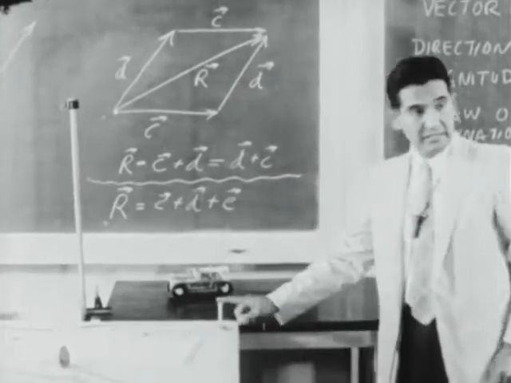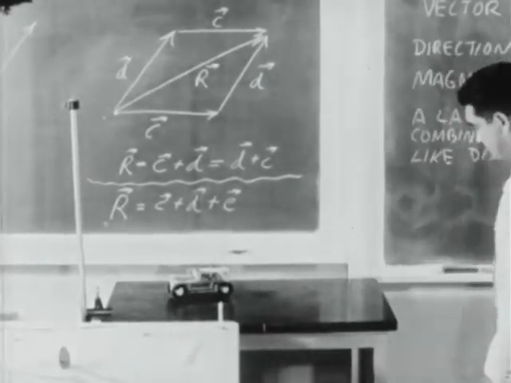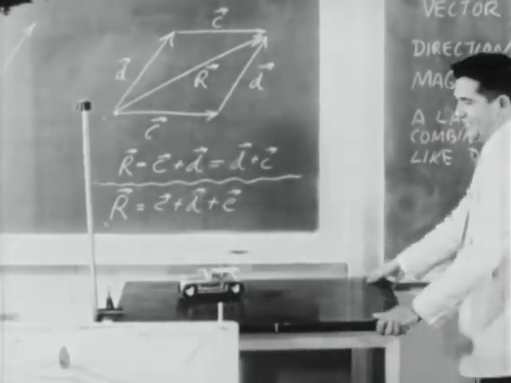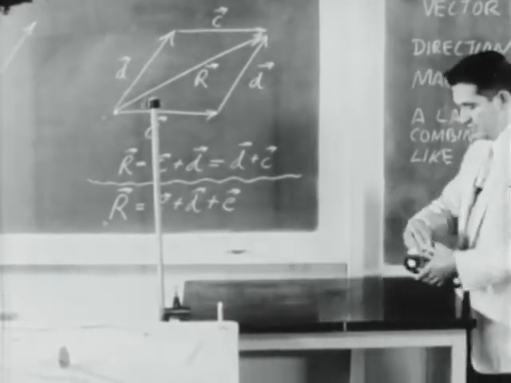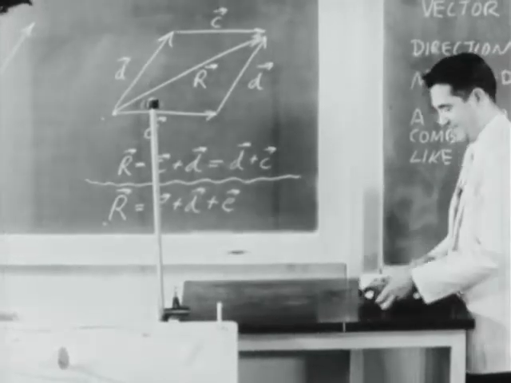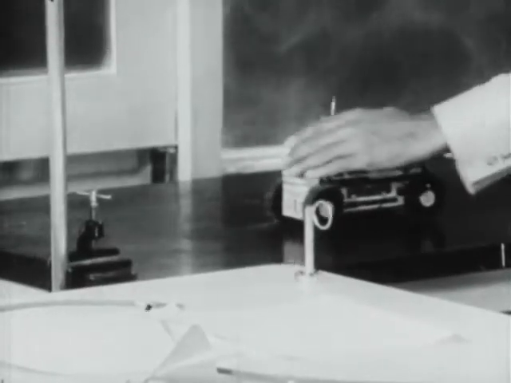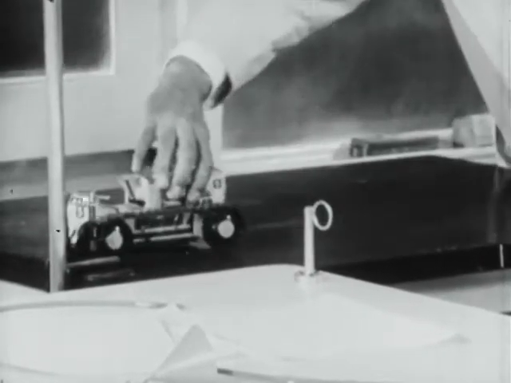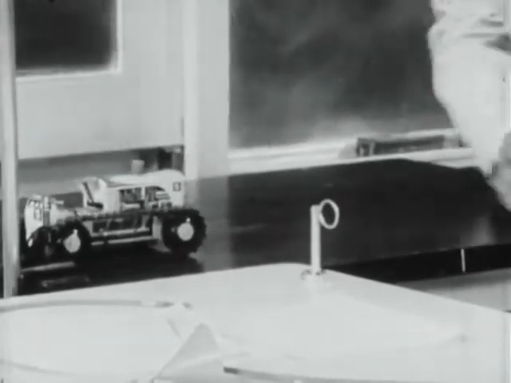I want to use this peg just as an indicator of motion or the lack of motion. Now this device can be made to move. Let me test it first. All right. Now, this is what I want to observe.